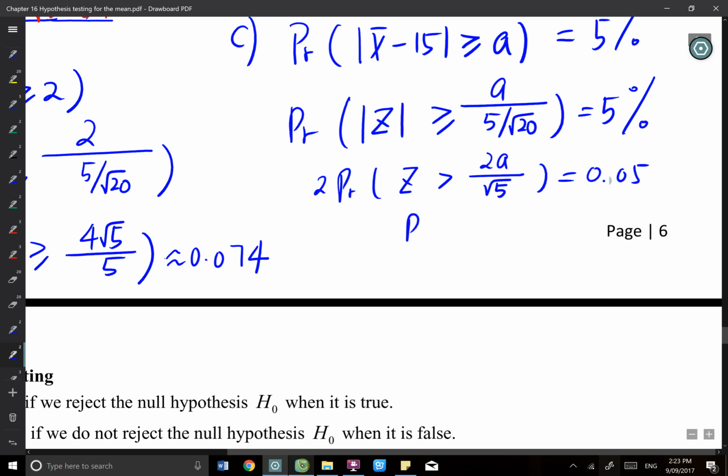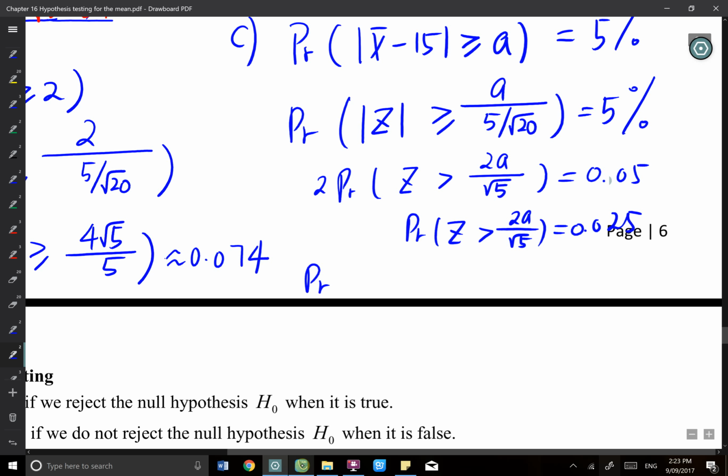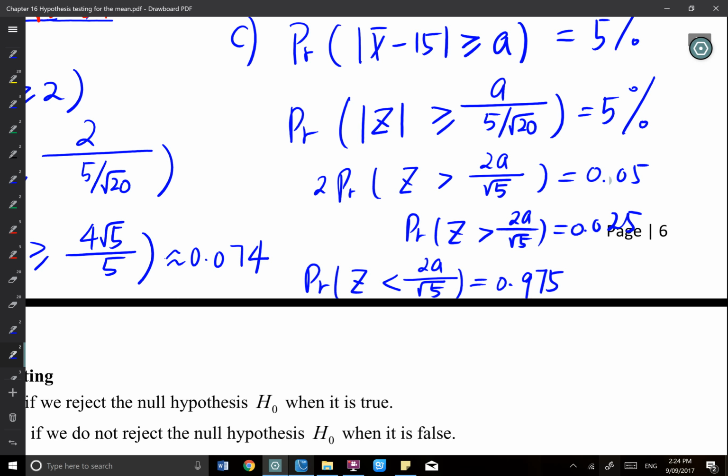So again, what I'm looking for is one side only, which can be 0.025. So Z greater than something gives you 0.025. What you need to put into the calculator is Z less than that, which gives you 0.975. You can't put greater in. You can only put less than.